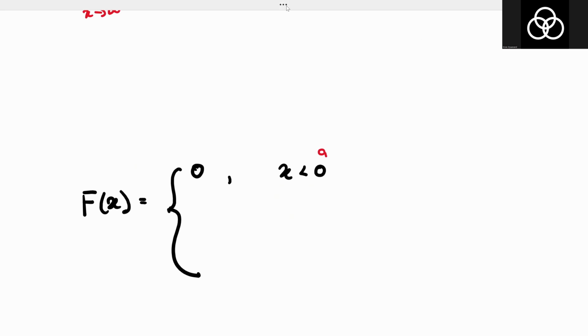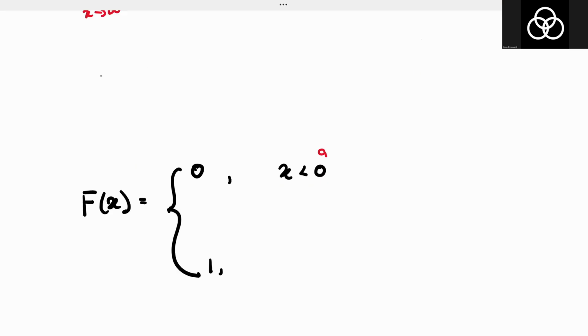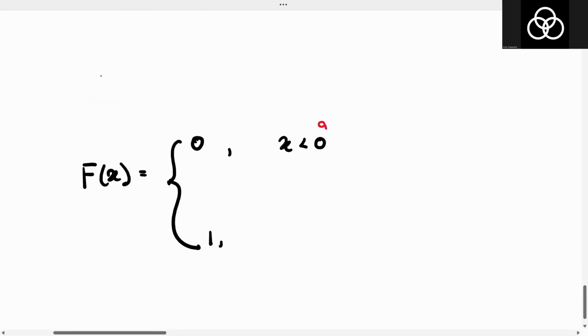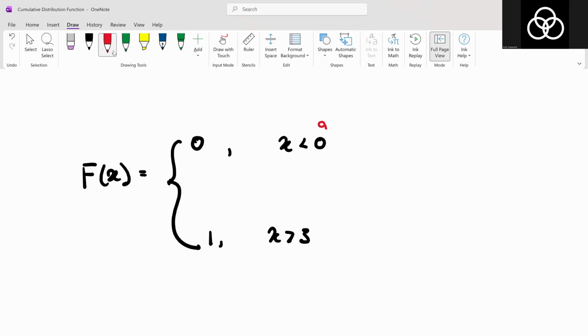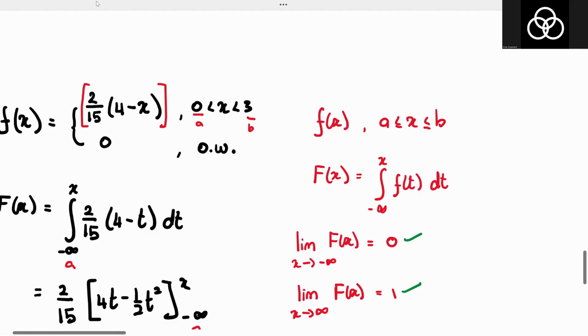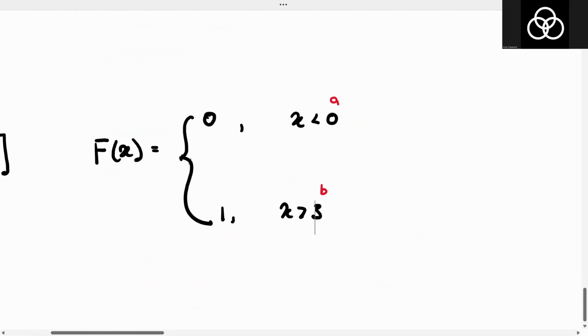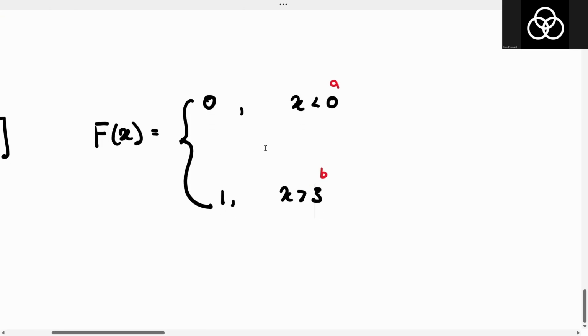Then we need what happens as x goes to positive infinity. Well, by the limit definition, that will just be 1. So x is greater than b, which is in this case 3. Right? And these contributions here, you could think about them as the otherwise, 0 otherwise. The otherwise are these two extremity values here.